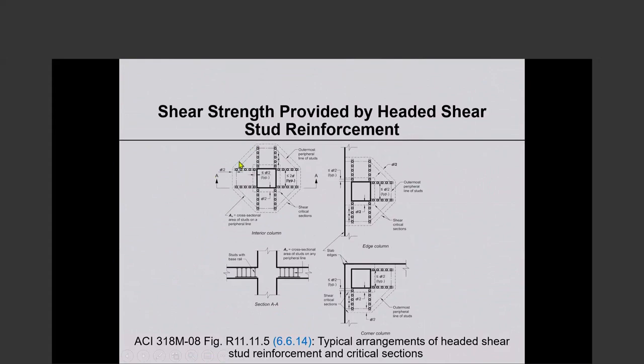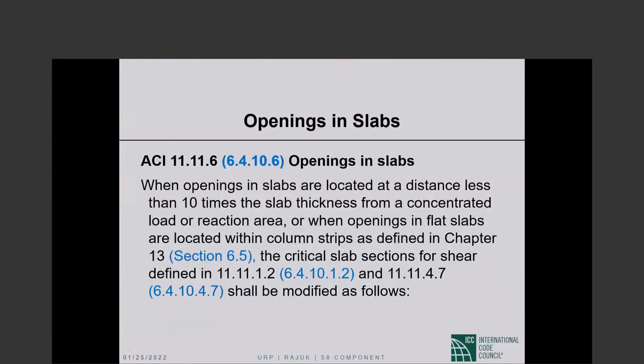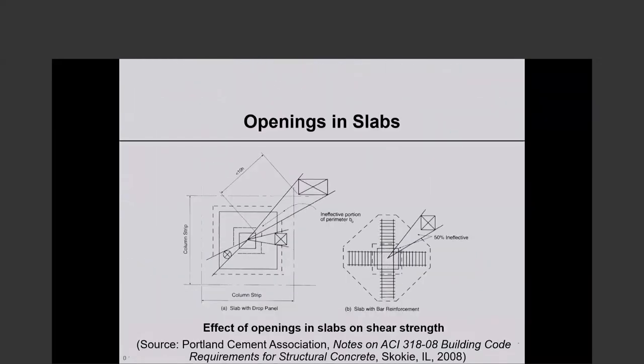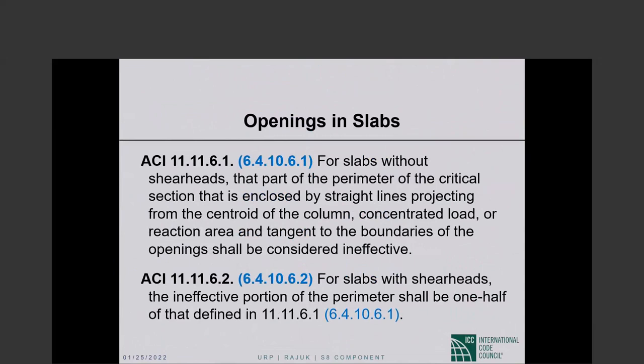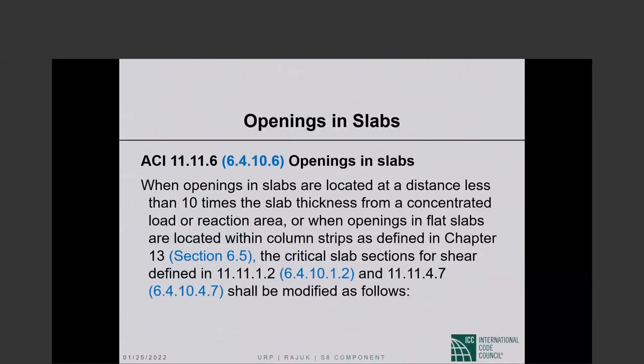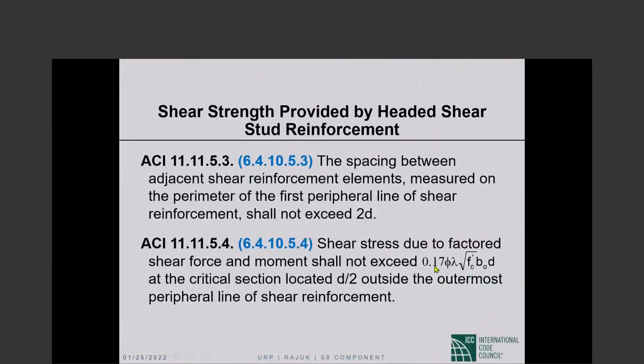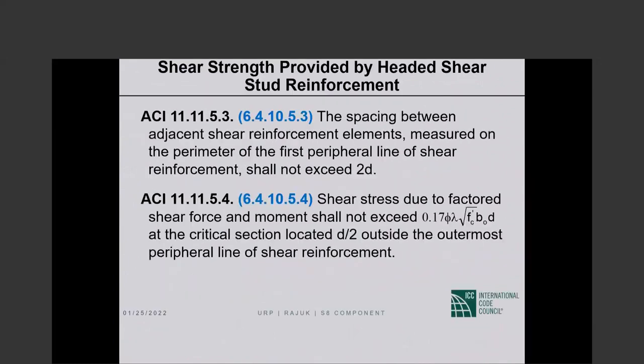At that critical section, the shear shall not exceed 2 square root of f sub c prime, 0.17 square root of f sub c prime in SI units, at the critical section d over 2 outside the outermost peripheral line of shear reinforcement.